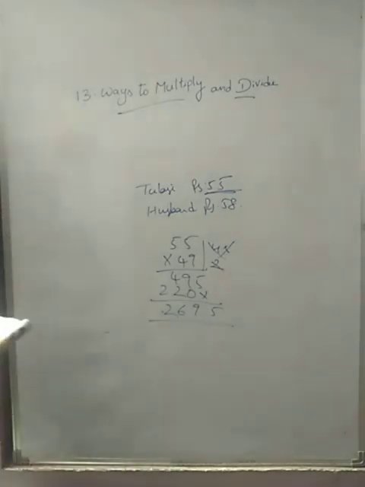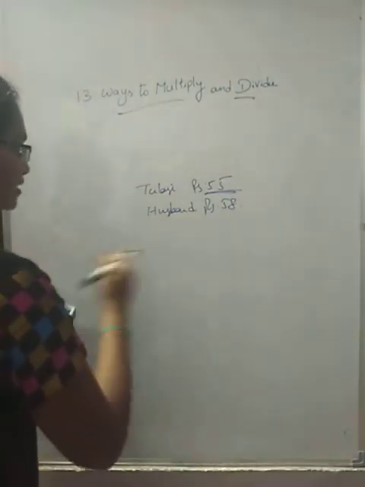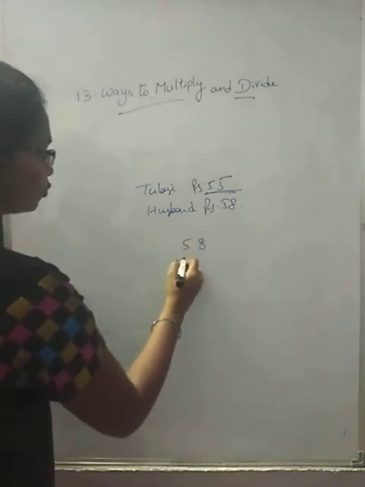Next, if her husband works for 42 days, how much money does he get? Husband works for 42 days. 1 day he is getting 58 rupees.